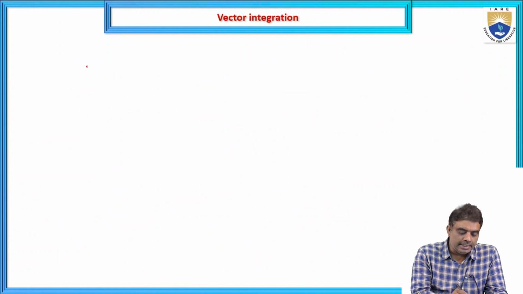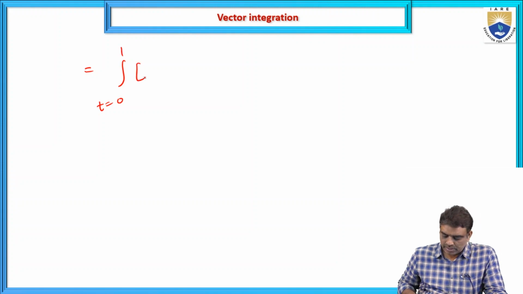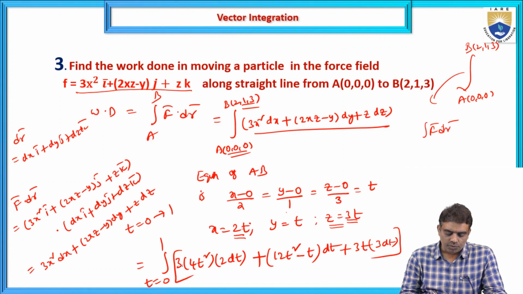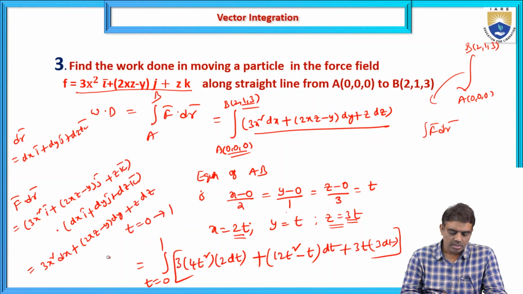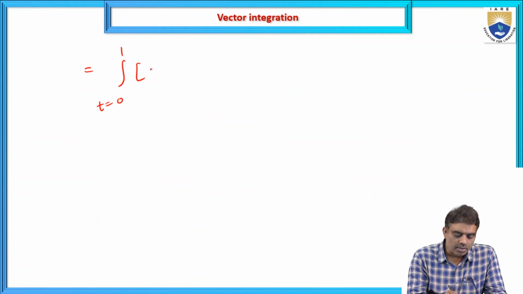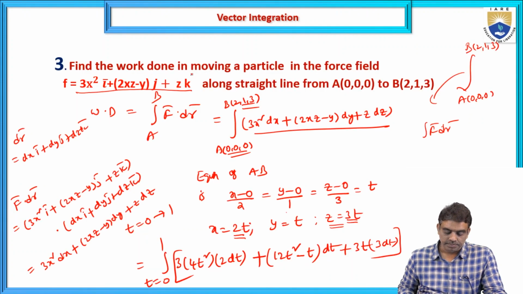So this is the integral over t from 0 to 1. What is the first value? 3 fours are 12, 12 twos are 24, so 24t square dt is the first term.